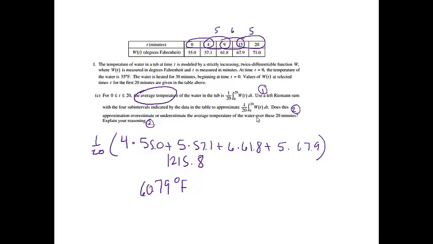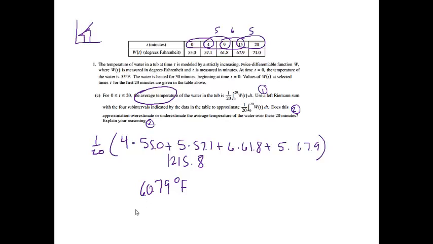Number 2, is this an overestimate or an underestimate? Since this is a left Riemann sum and W is strictly increasing, if I were to draw my graph, I'm going to get a graph that looks something like this. If I were to do a left Riemann sum, notice that I am leaving portions out.